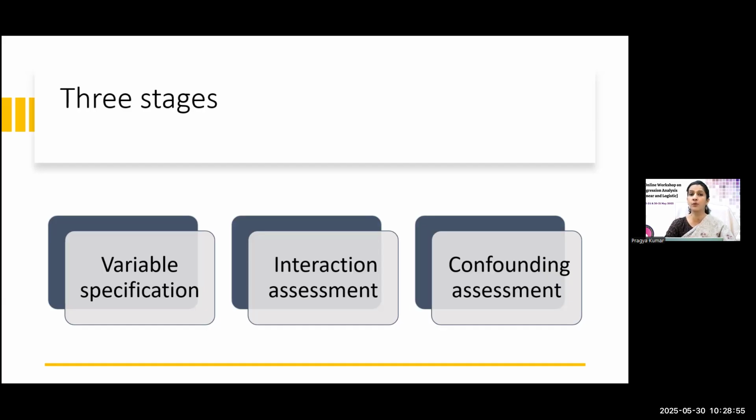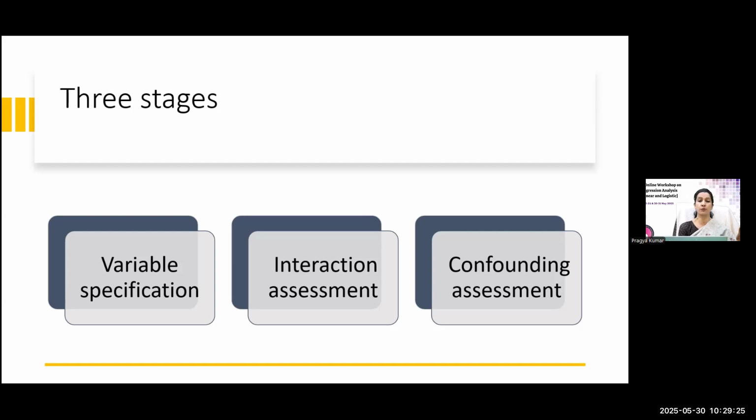Even the confounder, although that's the rough guideline, that if your beta changes by more than 10%, then we say that it is a confounder. But again, whenever we are labeling an independent variable as a confounder, it should have a theoretical background. It means it should have some biological plausibility. And in the prior literature, they should have shown something of this sort. Then only can you take those variables, and you have to justify that.